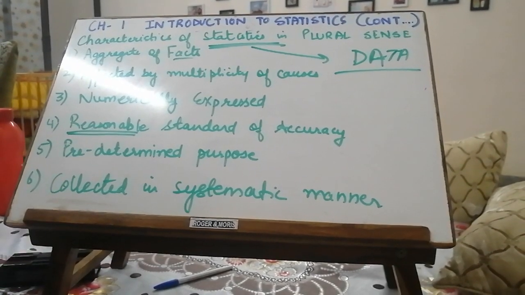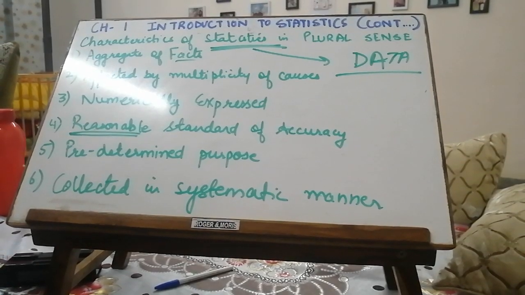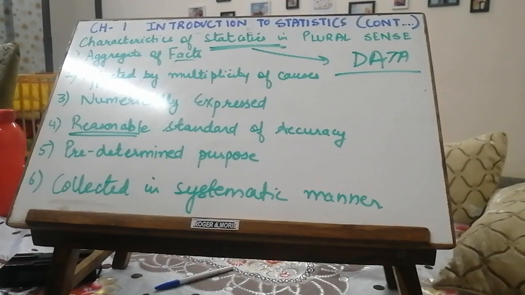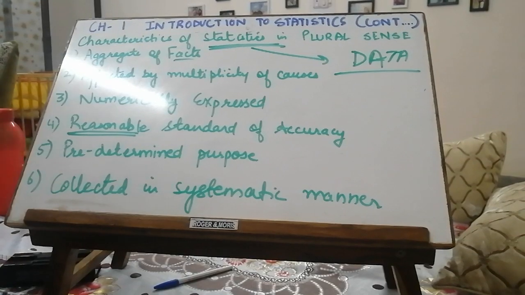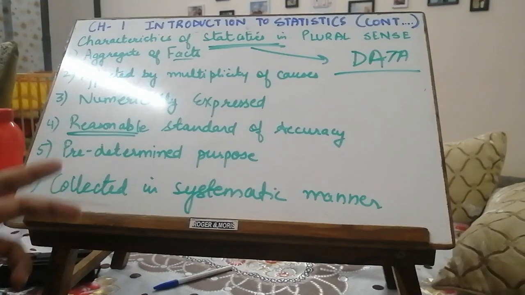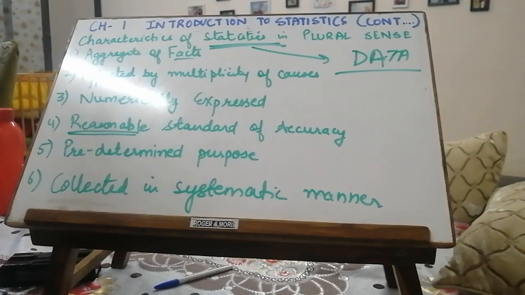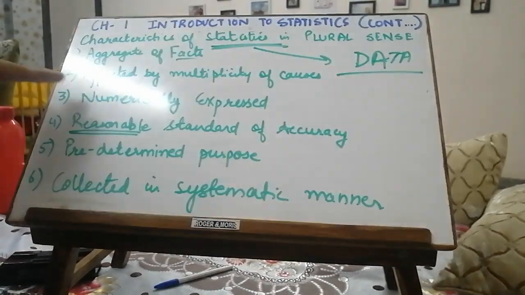Then sixth is collected in a systematic manner. If it has to be collected in a systematic manner, that means it should not be in a haphazard manner. When I have the data in front of me, it should be very clear that these are the individuals that I'm talking about, this is the information that I have, and the information of person A should be adjacent to that person A only.